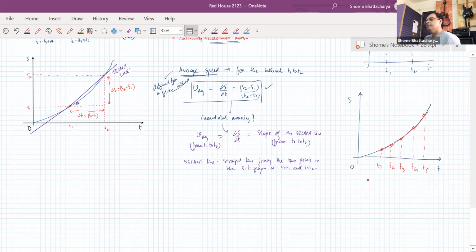Okay, so average speed from T2 to T3 is greater than average speed from T1 to T2. Average speed from T3 to T4 is greater than the average speed from T2 to T3.